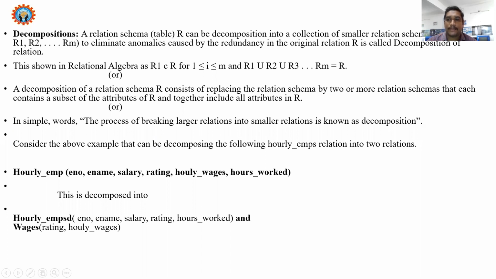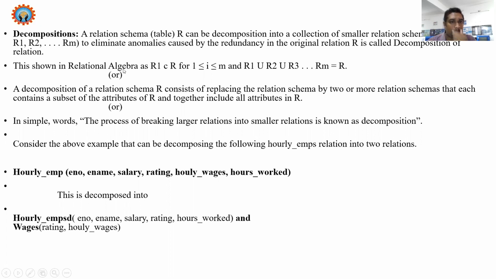R is a relation and R1, R2, and so on up to Rm are sub-relations. We use decomposition to eliminate the anomalies caused by redundancy in the original relation R.